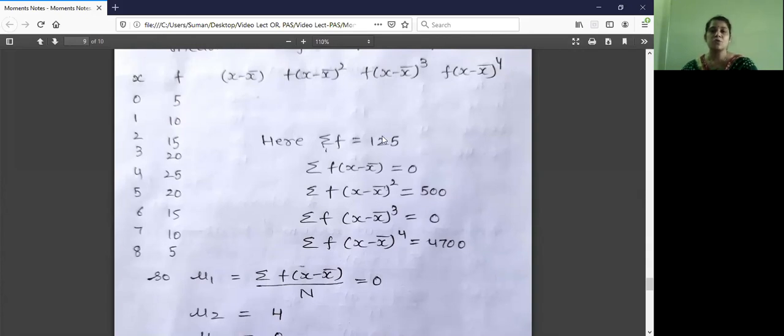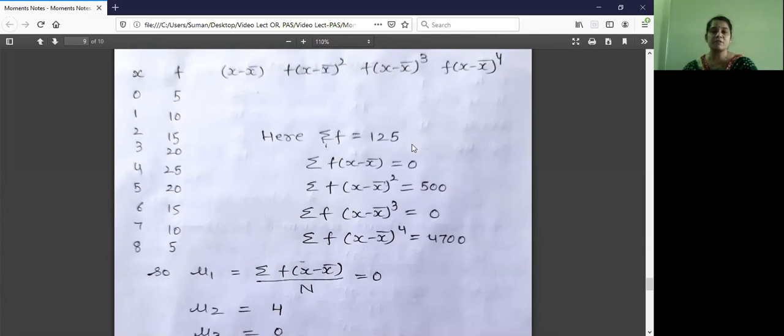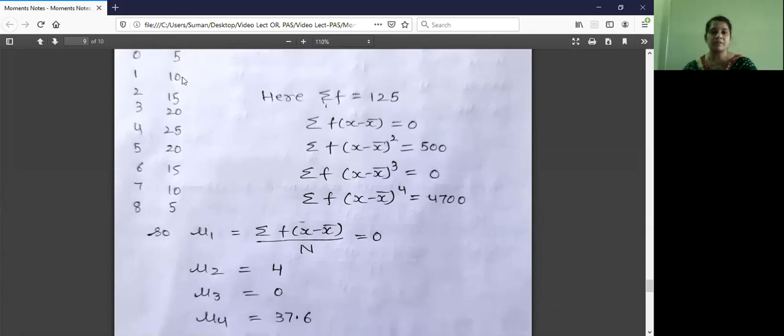Here summation f is 125, the sum of all frequencies. Summation f(x minus x bar) is 0. Summation f(x minus x bar) squared is 500.